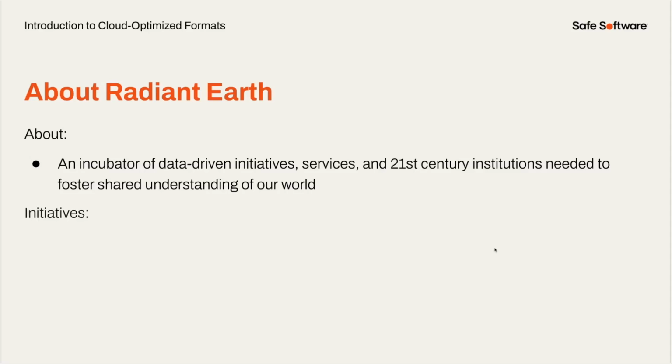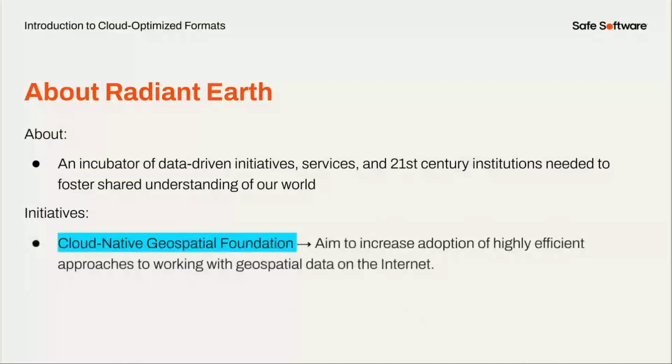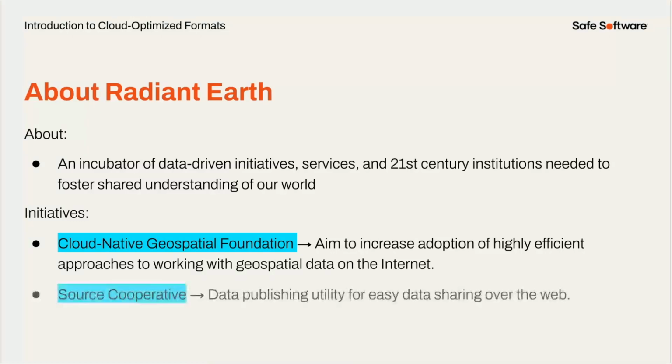What that looks like in practice is having smaller initiatives to do the work of data sharing and data access. The two main initiatives that we have going on right now is the Cloud Native Geospatial Foundation, which is a part of why I'm here with you today.